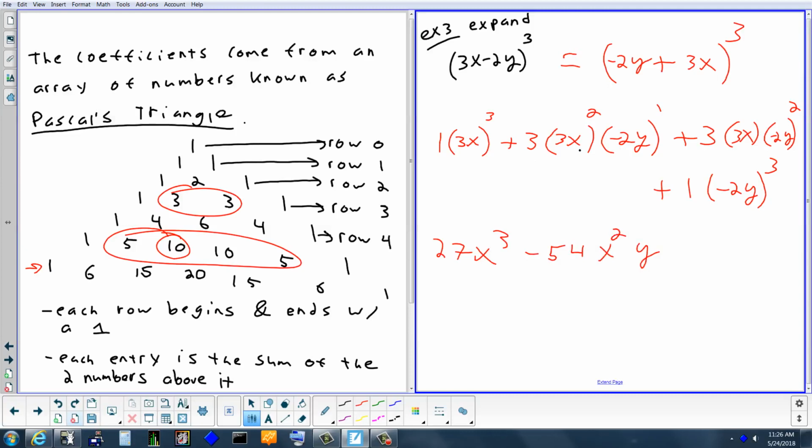Okay, the next one. We've got negative 2 squared, which is 4, times 3 is 12, times 3 is 36, x y squared. Okay, and then the last one, negative 2 cubed, what is that going to be? 8. Yep. So we'll just make it a negative 8.